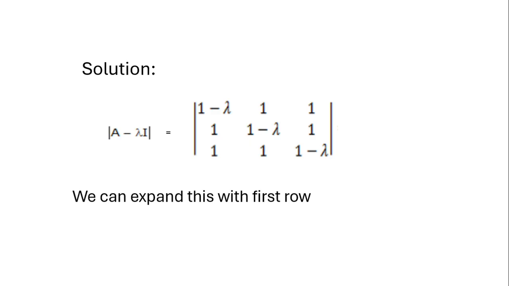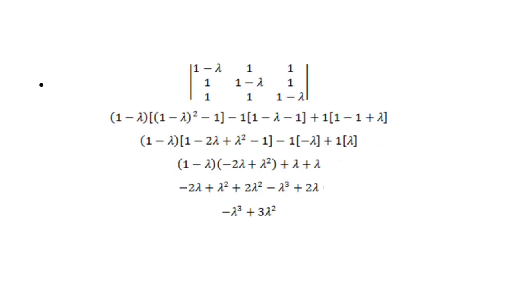We can expand this along the first row. So, we get 1 minus lambda, and we strike out the corresponding row and column. We have 1 minus lambda into 1 minus lambda, so it gives 1 minus lambda square minus 1 into 1, we get minus 1.